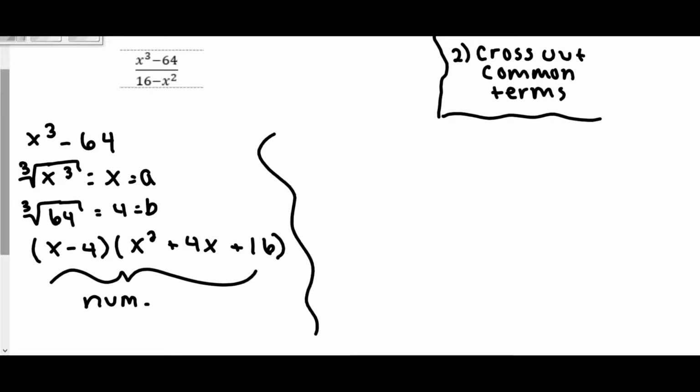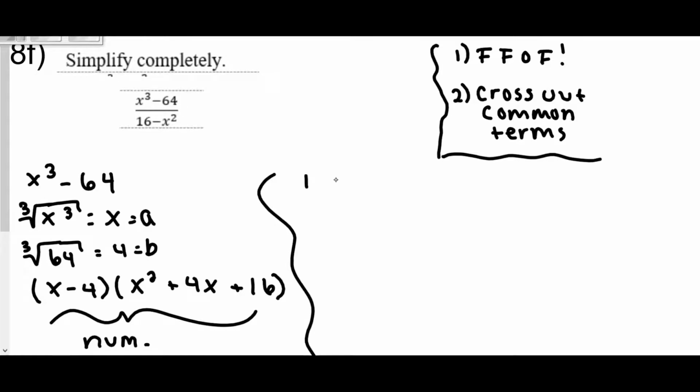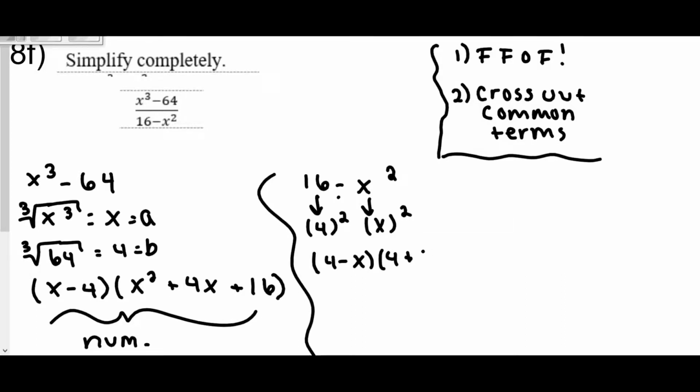And then I'm going to factor my denominator. 16 minus x squared. Well, we know 16 is a perfect square. We have an x squared, and we have a difference, so that is telling us to use difference of two squares. The square root of 16 is 4, and the square root of x squared is just x. So this factored is 4 minus x times 4 plus x.